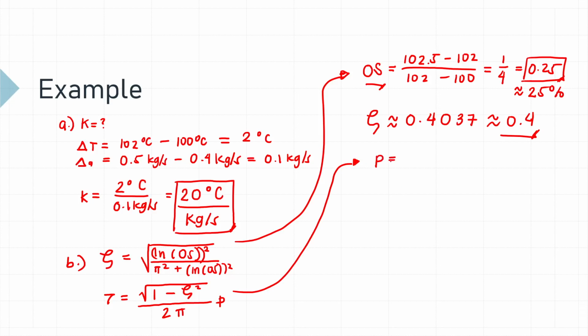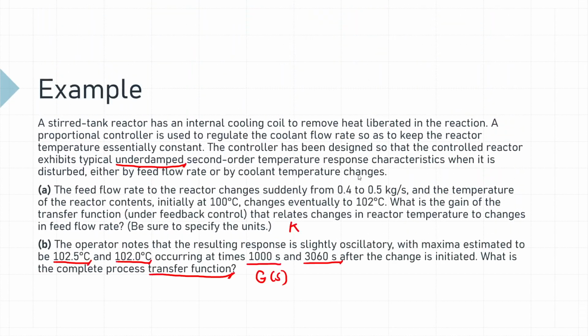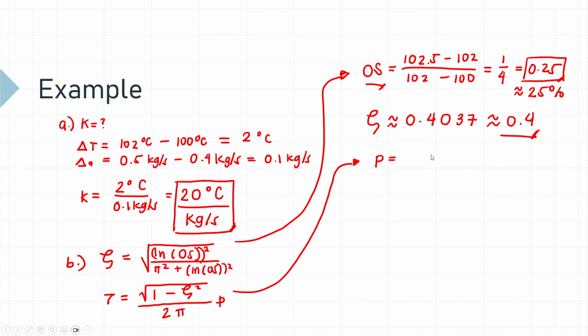Exactly how do we do that for P? Let us recall that the period of these peaks occurs between 1000 seconds and 3060 seconds. So this is 3060 seconds minus 1000 seconds. This should be around 2060 seconds.